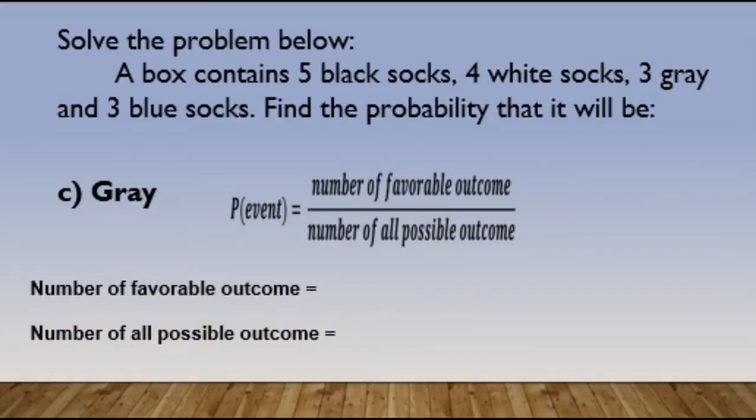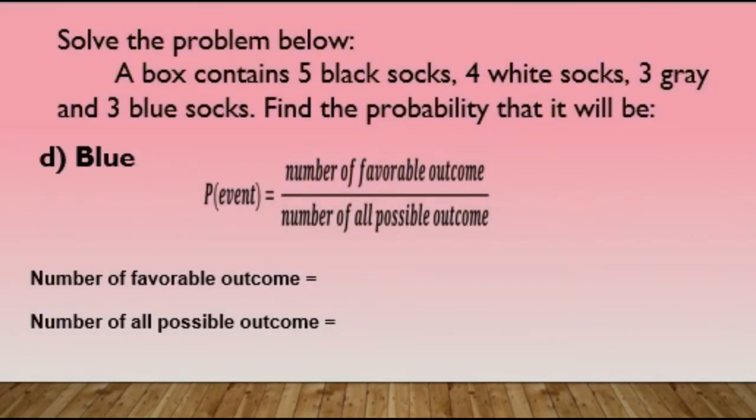How about the probability that it will be gray? So for the number of favorable outcomes, we have 3 gray. And the total number of socks, or the number of all possible outcomes, is the same. We have 15. So P of gray is equal to 3 over 15. We can reduce it into lowest terms. So that is 1/5.